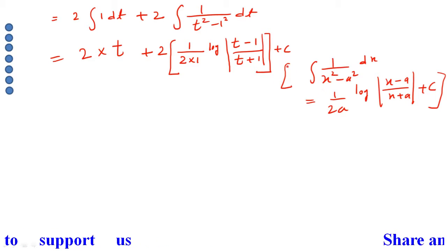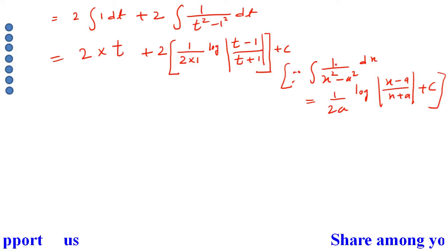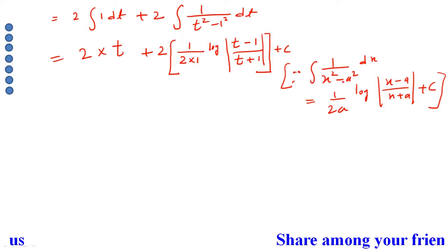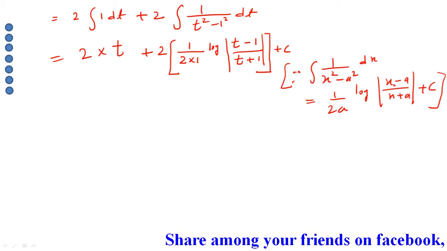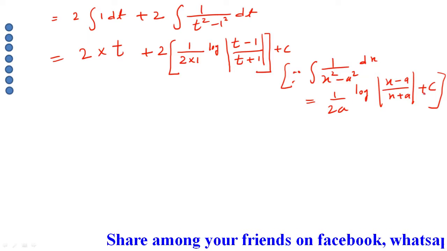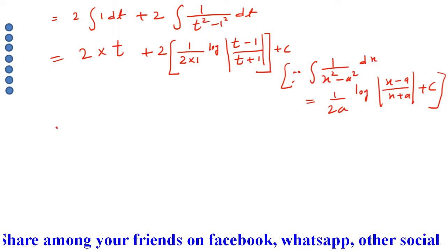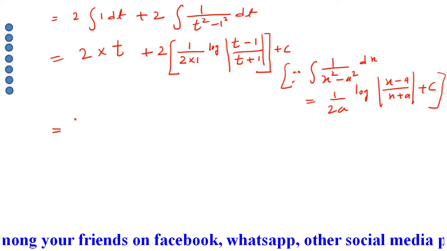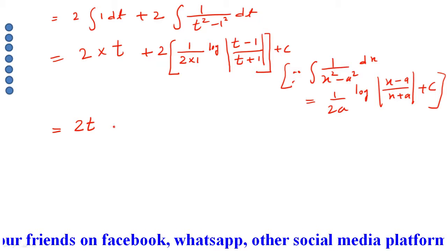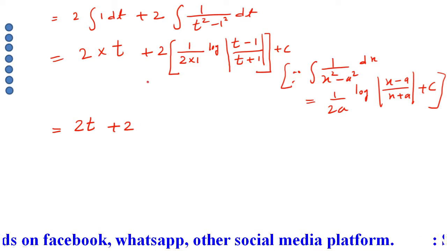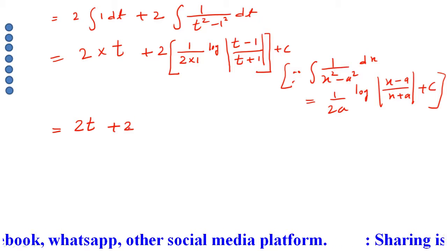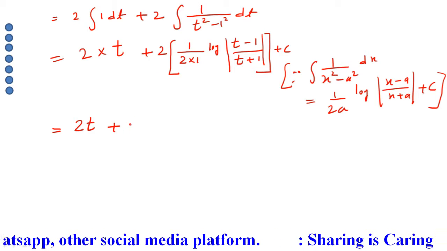It's a standard formula which you have to learn: integration of 1 upon x square minus a square with respect to x is 1 upon 2a log mod of x minus a upon x plus a plus c. By using this formula directly we obtain this. Now we have to simplify it. When we multiply we will get here 2t plus 2. This 2 and 2 will cancel, so we have to remove it.